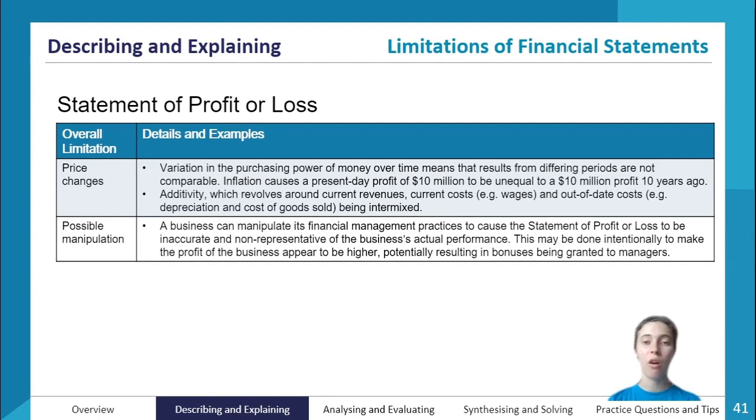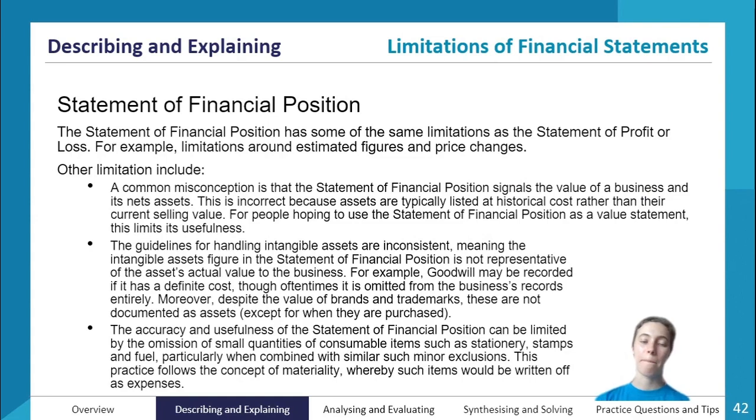If you think of companies where managers may earn more money based on the performance of the business, they may be inclined to misrepresent how well the business has done to try and get extra benefits and bonuses because of this supposed strong performance. So there is that room for manipulation there.